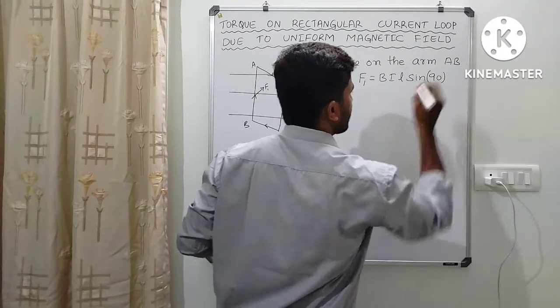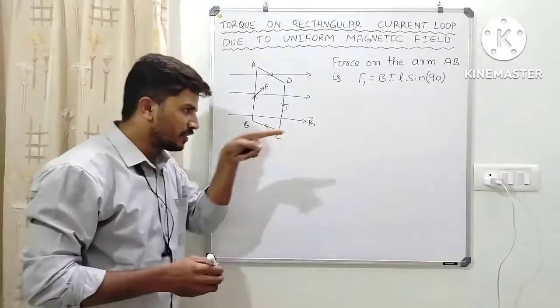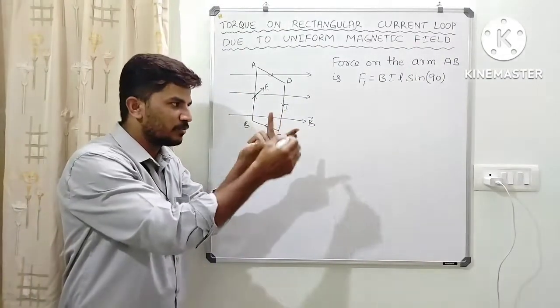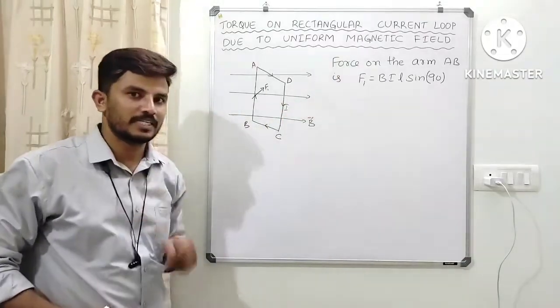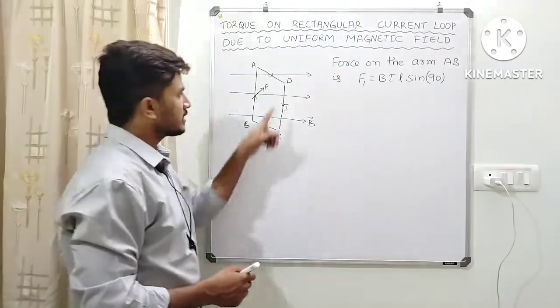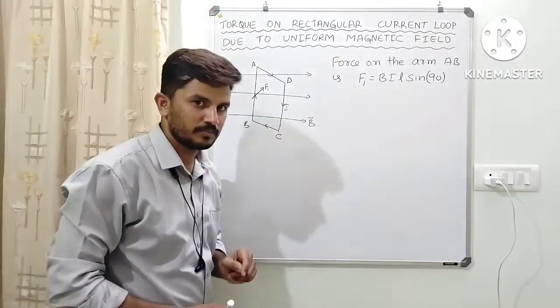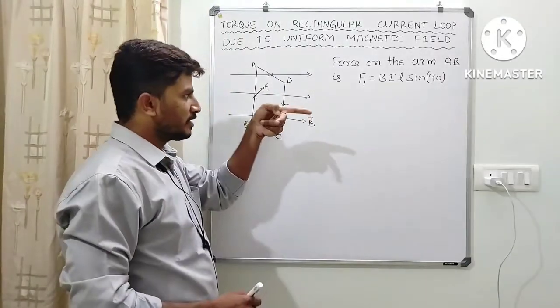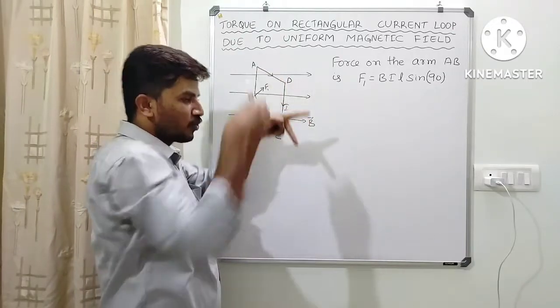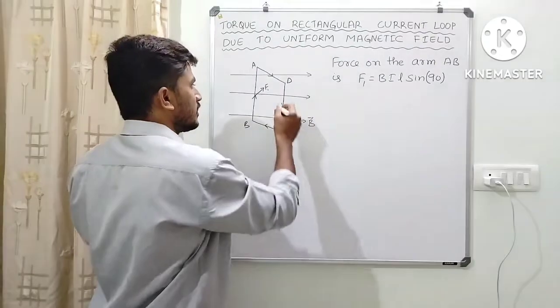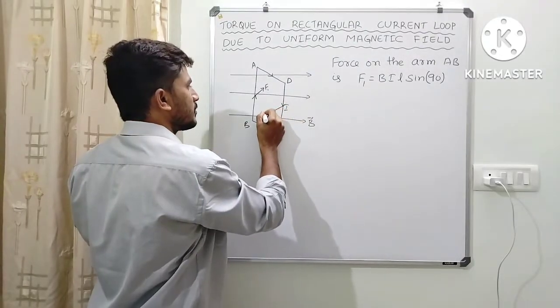Here theta is 90 degrees, because the magnetic field is like this and the current carrying conductor is like this, and the angle between those two is 90 degrees. Now consider the arm DC. Here the magnetic field is like this and the current is flowing downwards. Then the force will be outwards. Let me call that F2.